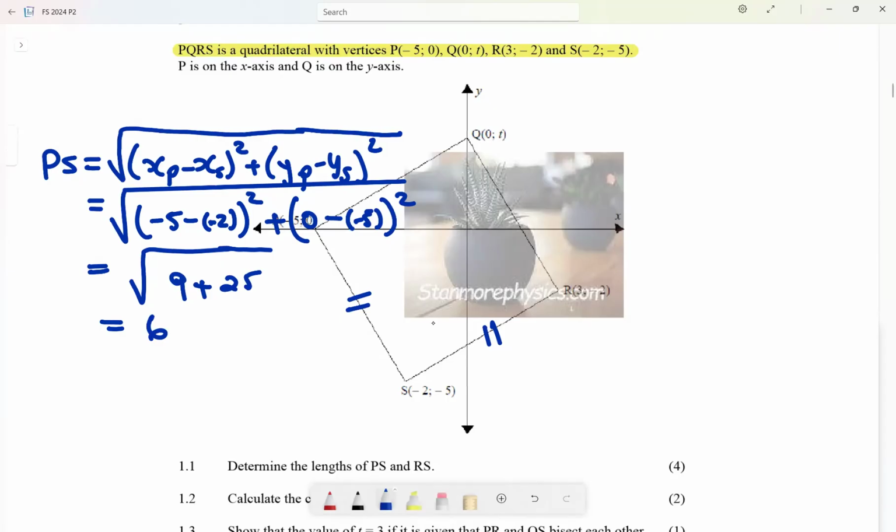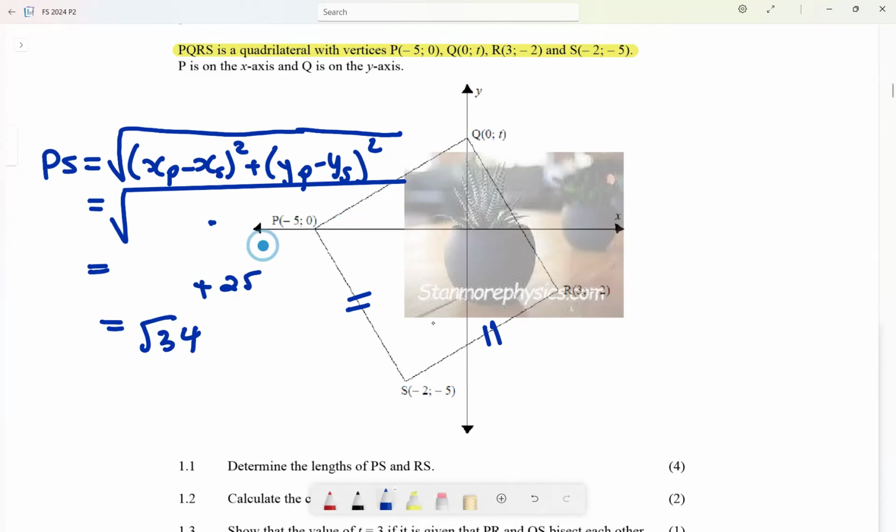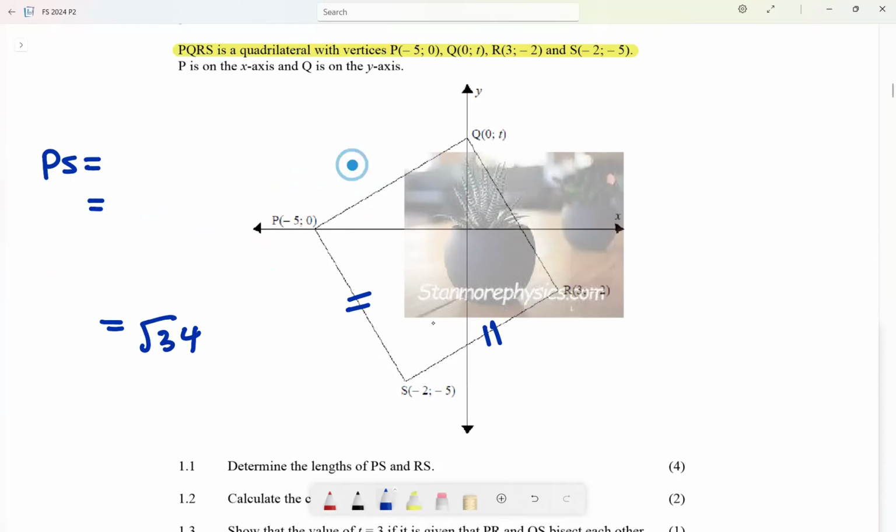Let me see here if I'm correct. No, it's not 36, it's rather 34. So it is the square root of 34. So that's the length of PS.